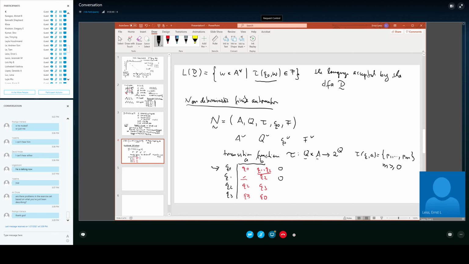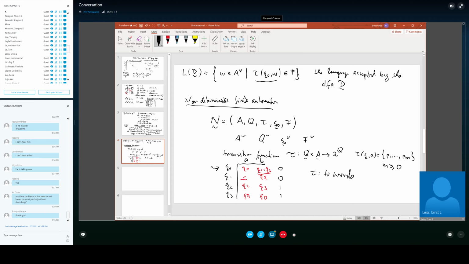If I enhance that transition function tau with the indication of what is the initial state and what are the final states, then I have that. And now we have to look at two issues. The first one is we want to extend tau to words.